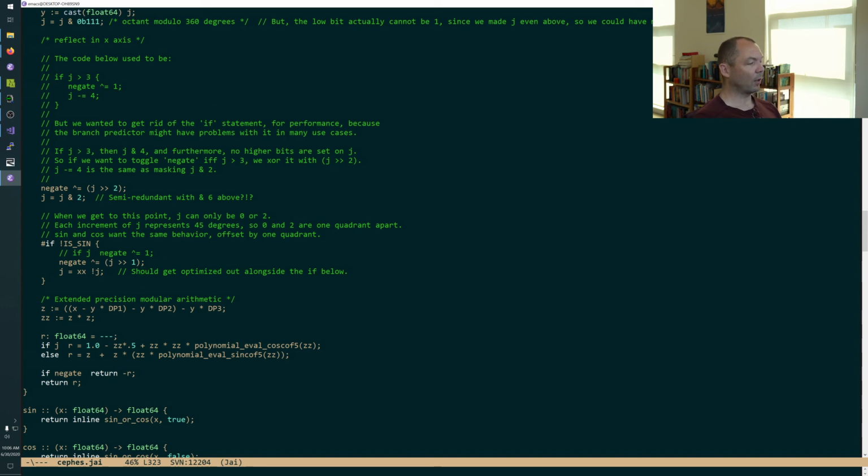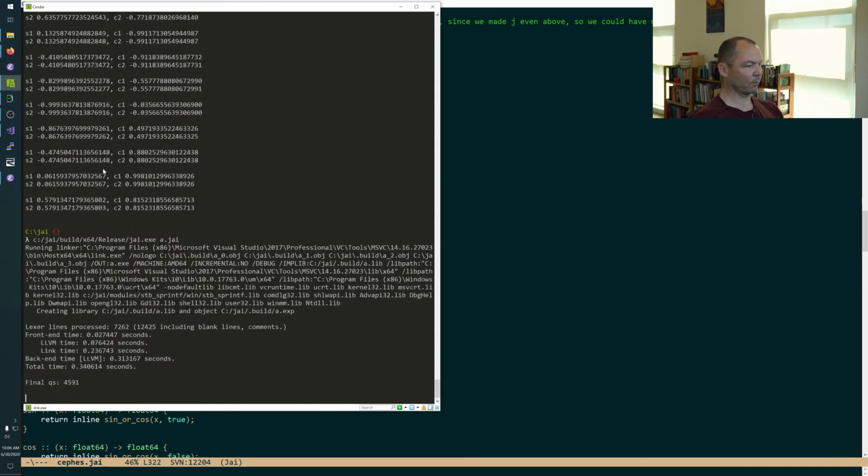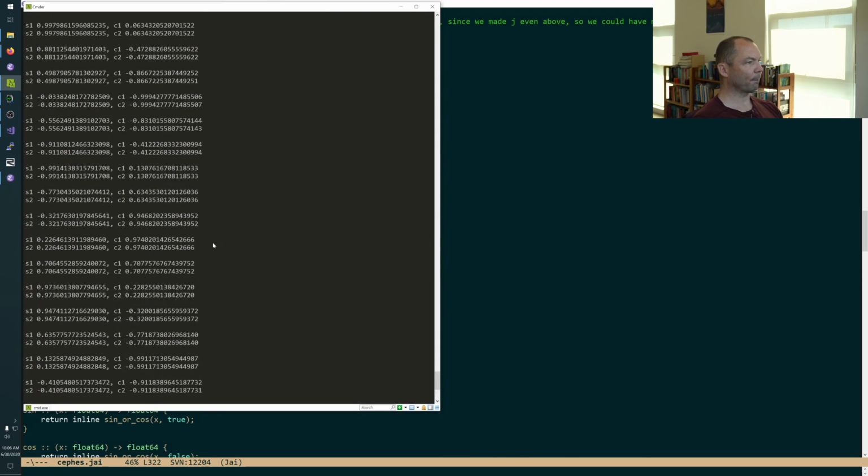So if J, then it has to be 2. The only possibilities are 2 or 0 at this point, and so you right shift it by 1 and you toggle the bit. All right. Great.